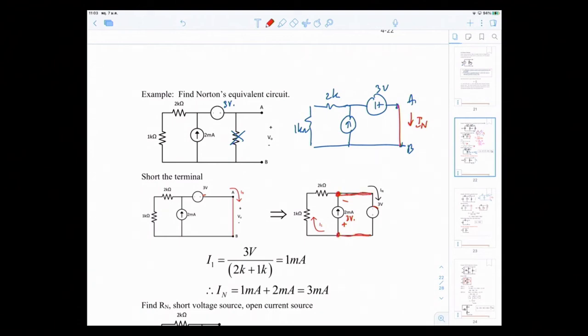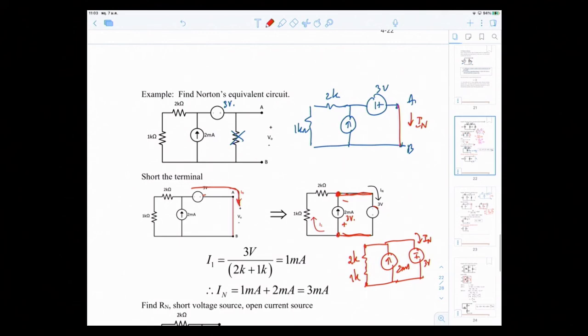And they're actually parallel to this 2K and 1K. If I draw it like this, 2K, 1K, 2 milliamps, minus plus, 3 volt, and this is actually my IN, correct? Because my IN flows like this, comes out here, passing through the 3 volt. So this is my IN.